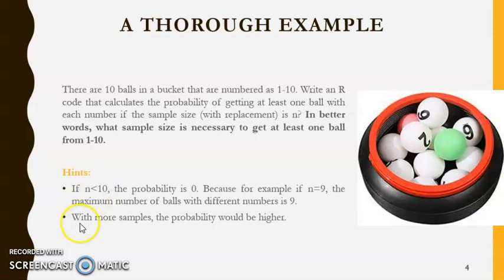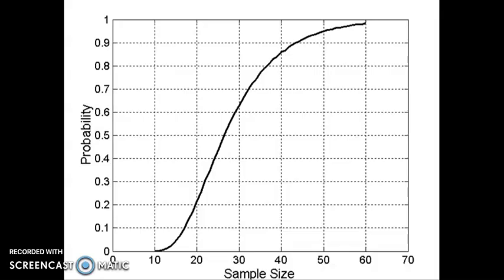And the more balls you get out of the bucket with replacement, the more it increases the chance of success. Okay, so the result would be a curve like this. As far as time allows us today, we are going to try to catch this goal.